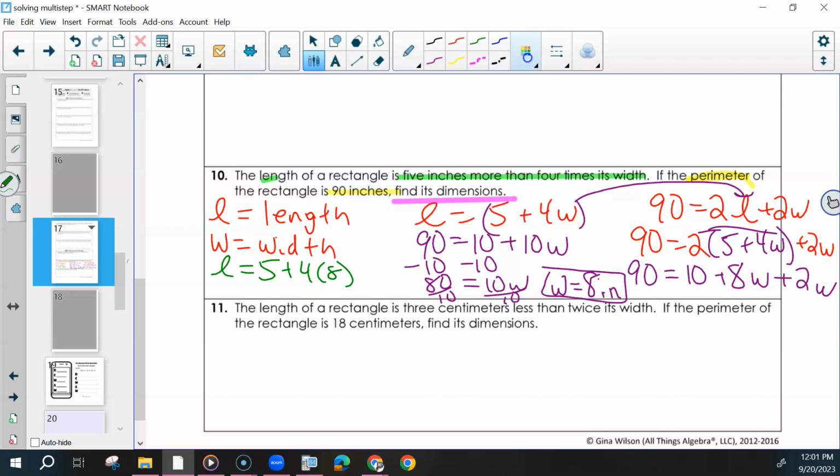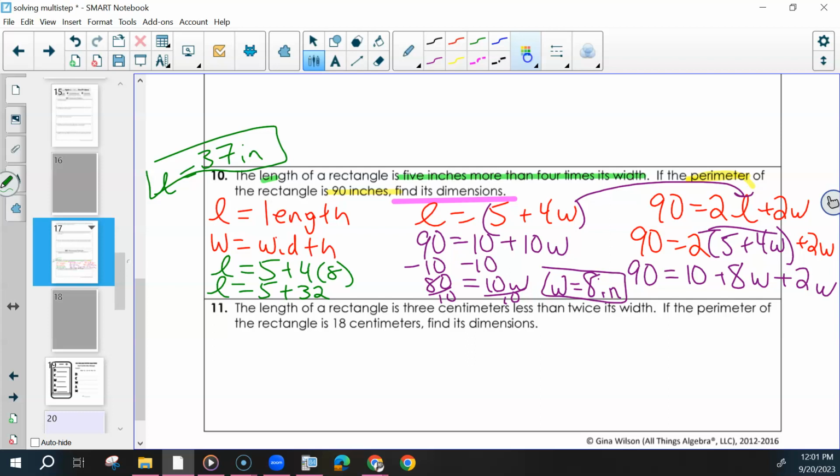Figure out what your length is. Seven what? Do we have any questions on how we set that up, solved it, got the answer?